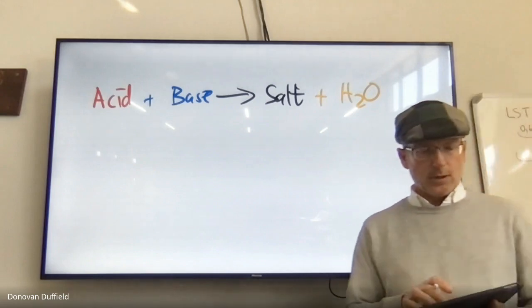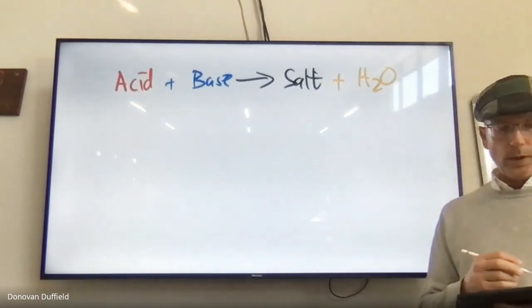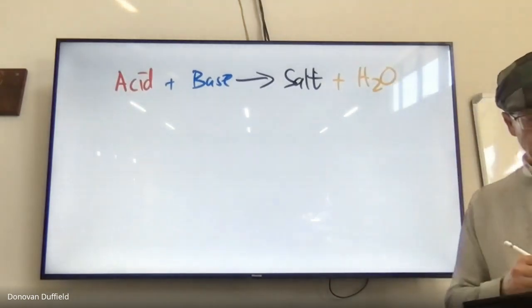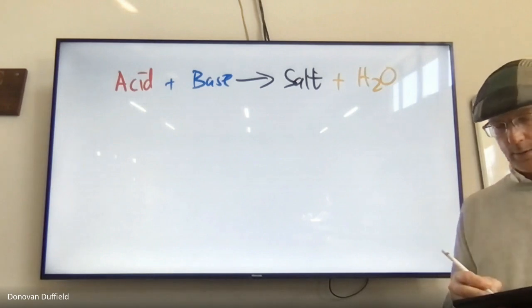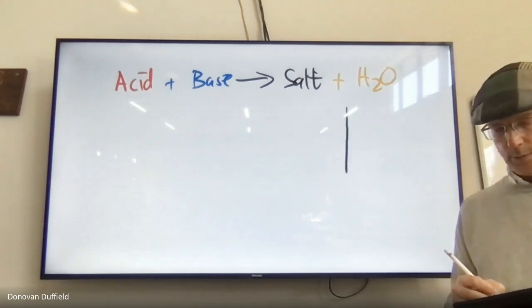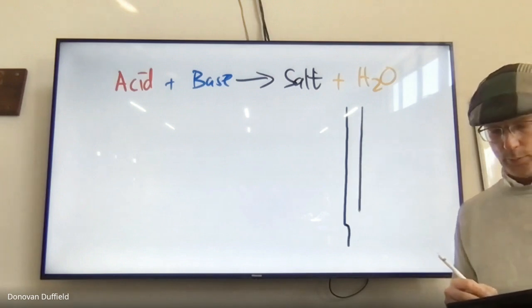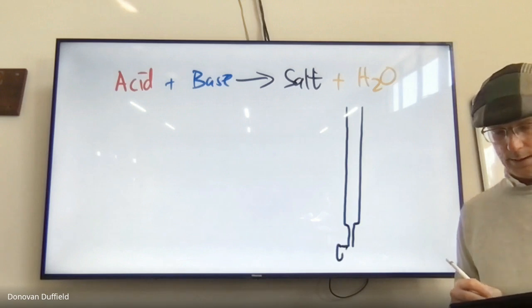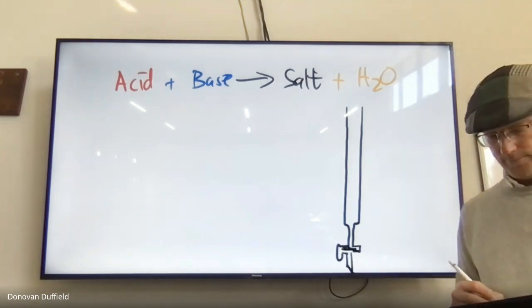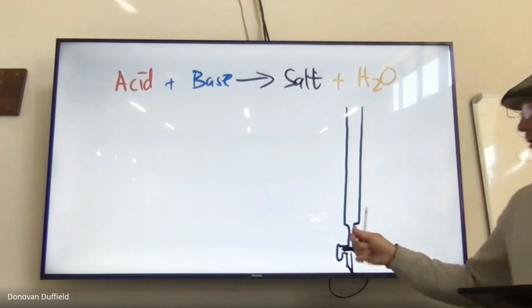All right, so what we're going to do, and we'll go into more detail, is you have something called a burette. And we'll still show you practically. The burette looks like this. It's got a little valve, and that little valve you can turn.